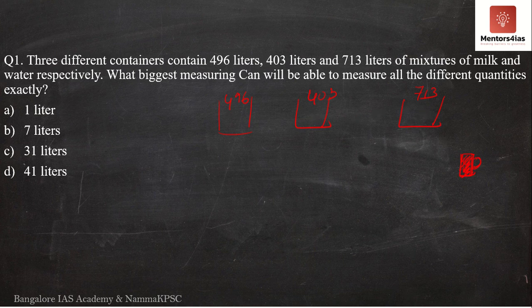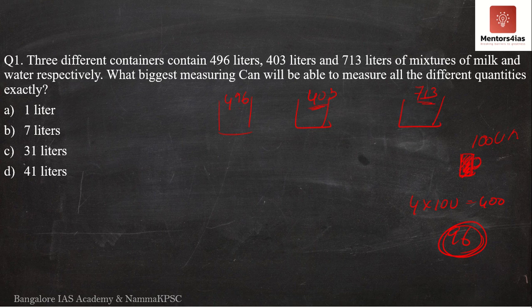Say for example, if this measuring beaker has a capacity of 100 liters, and somebody comes and asks for 496 liters, how can you give him exactly 496 liters? You can give him 4 times 400 liters. Now how will you provide him with another extra 96 liters? It is difficult. Similarly, with the same measuring beaker, you will have to give 403 and 713 liters as well.